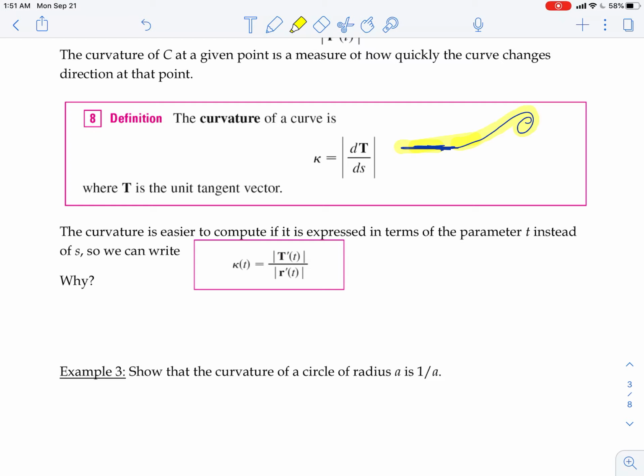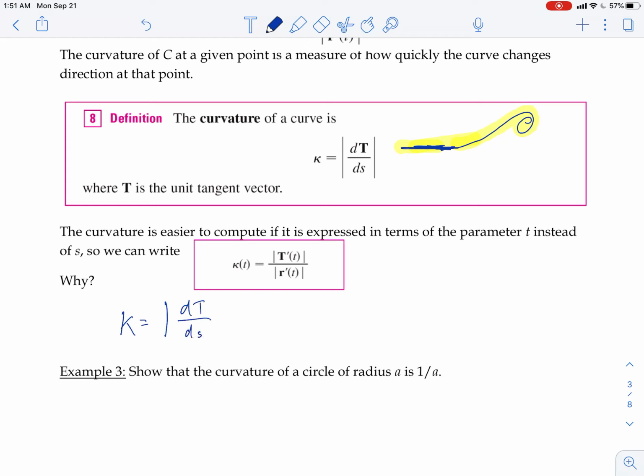So the curvature is easy to compute if it is expressed in terms of the parameter t instead of s. So instead of saying ds, we can write kappa of t is equal to the magnitude of the derivative of the unit tangent vector over the magnitude of r prime of t. And why is that? Because we want to know as time goes along.